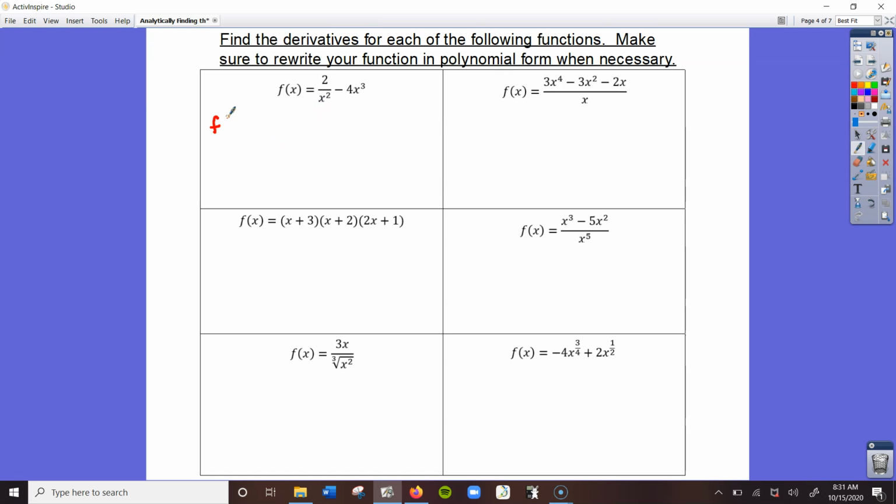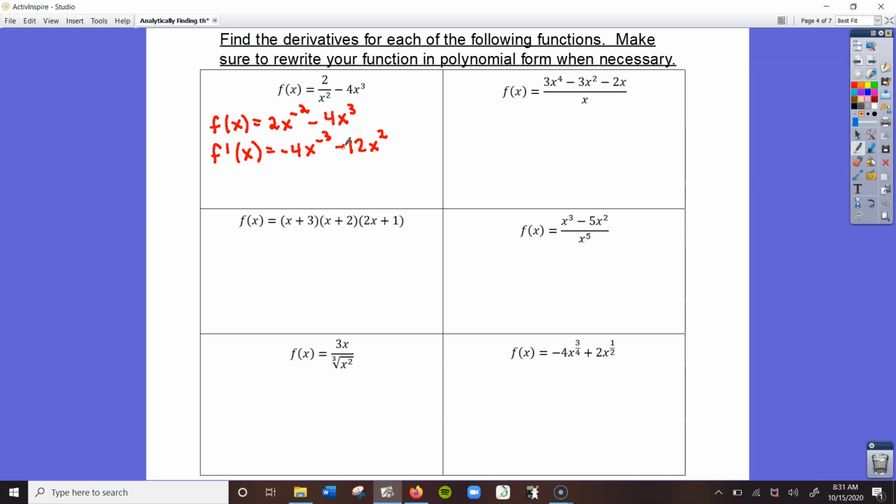So f of x could be rewritten as 2x raised to the negative 2 minus 4x to the third. Now this is in polynomial type form, so I can find the derivative. So f prime of x would equal negative 4x to the negative 3 minus 12x squared.